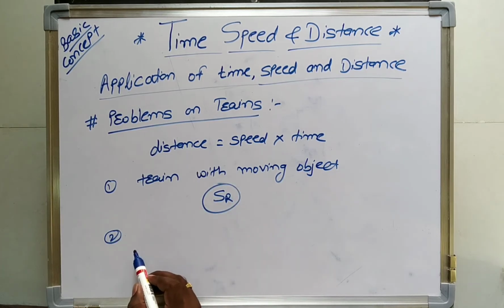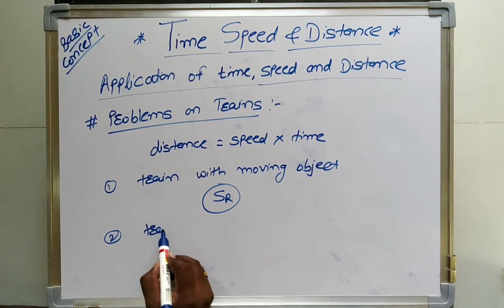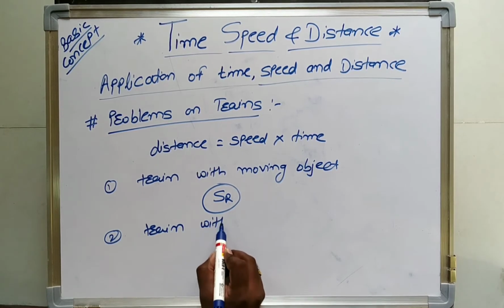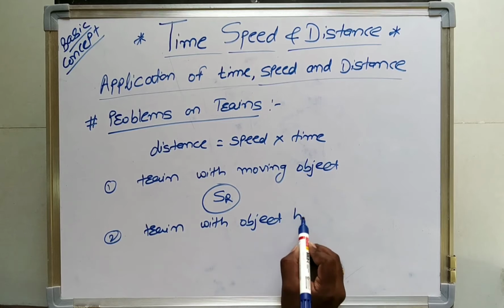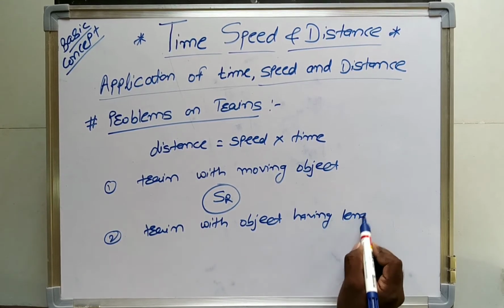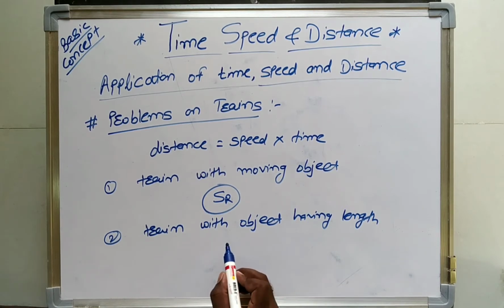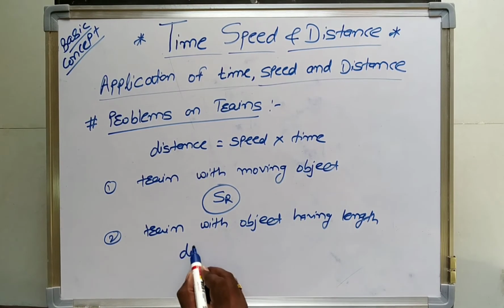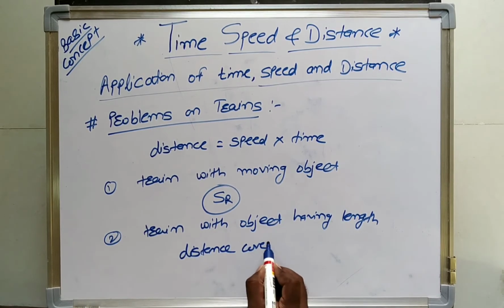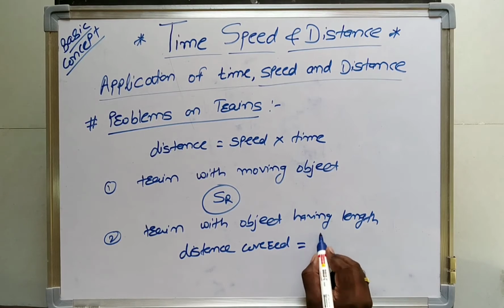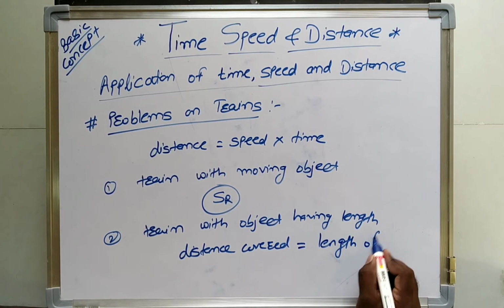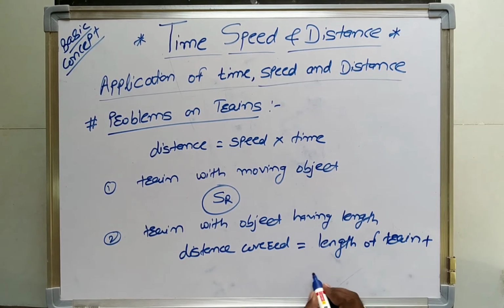And number 2 criteria, when a train is crossing an object having length, the distance covered by the train is equal to the length of train plus length of object.